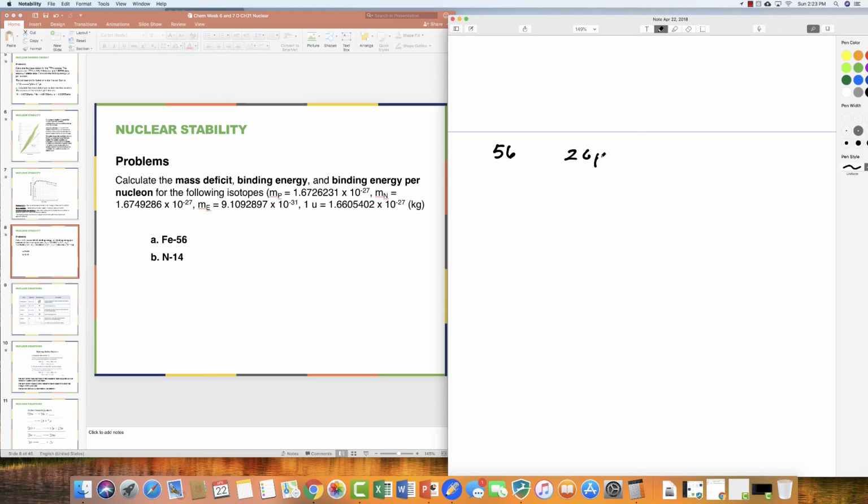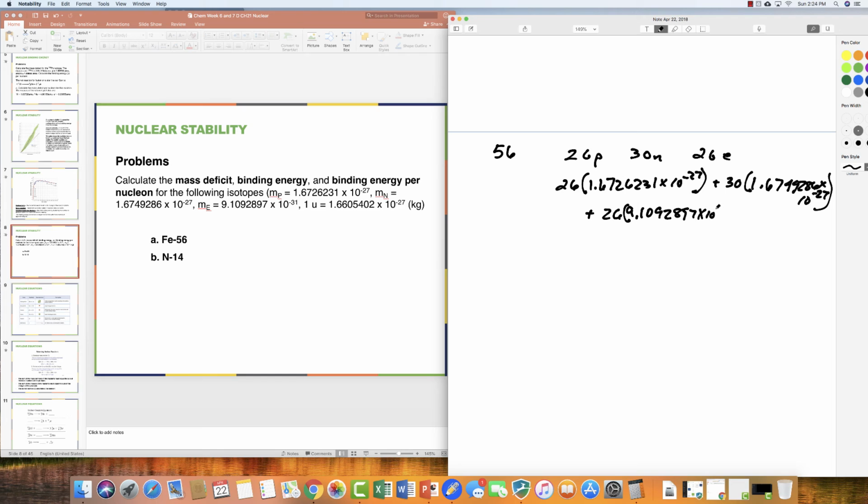There are 26 protons, 30 neutrons, and 26 electrons, which means we have 26 times 1.6726231 times 10 to the minus 27, plus 30 times 1.6749286 times 10 to the minus 27, plus 26 times 9.109287 times 10 to the minus 31.